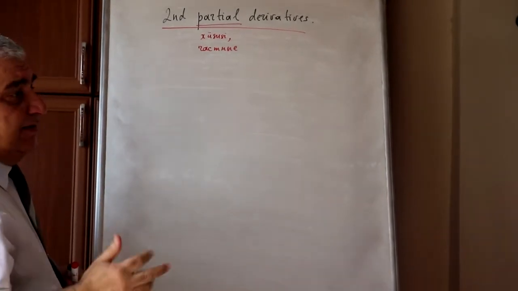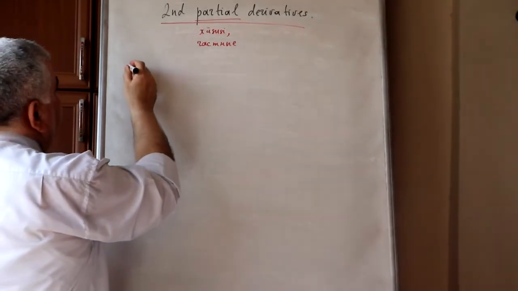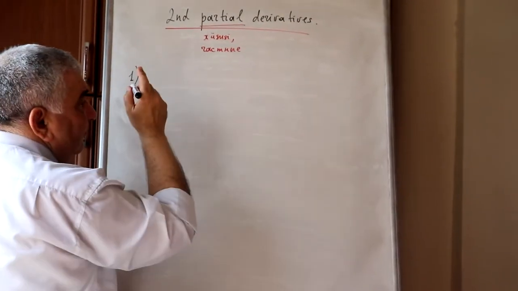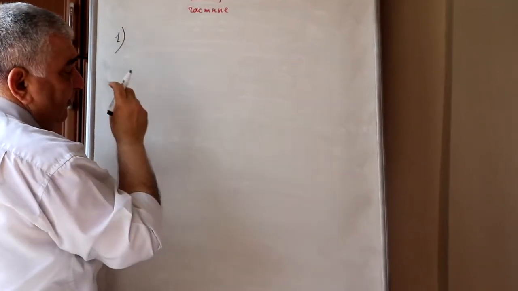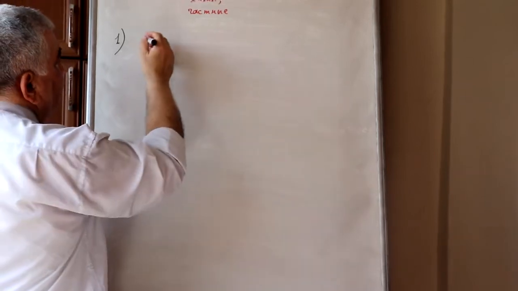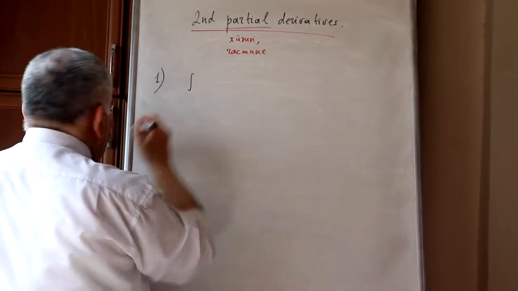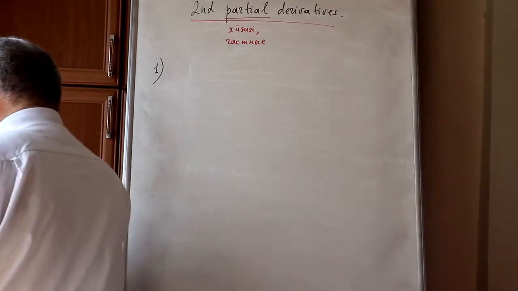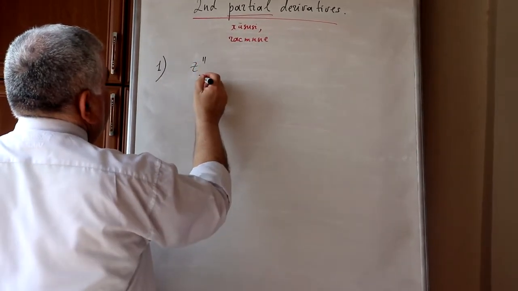Second order partial derivative has four following forms. First form, pure partial derivative with respect to x. Z2 prime with respect to x.